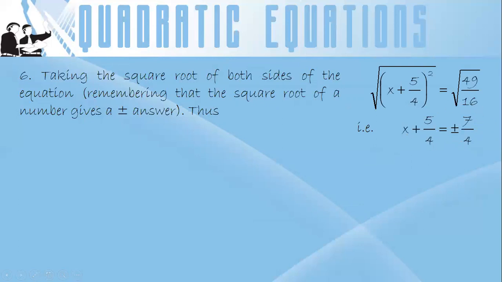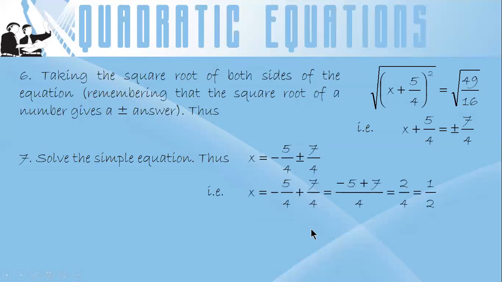And then transpose the 5. So root number 1, negative 5 over 4 plus 7 over 4. Root number 2, negative 5 over 4 minus 7 over 4. And we get the roots. Root number 1 is 1/2.